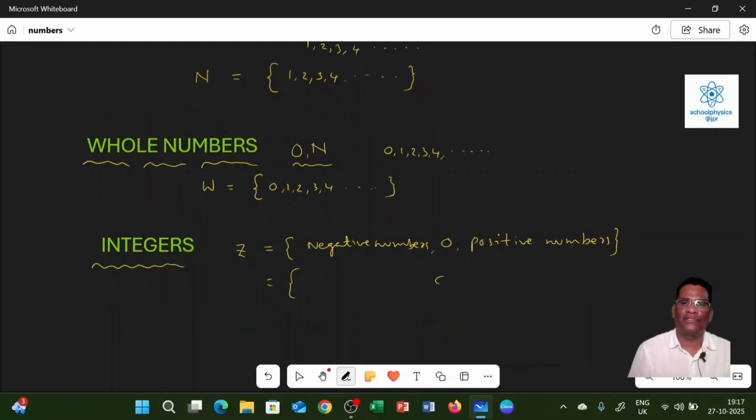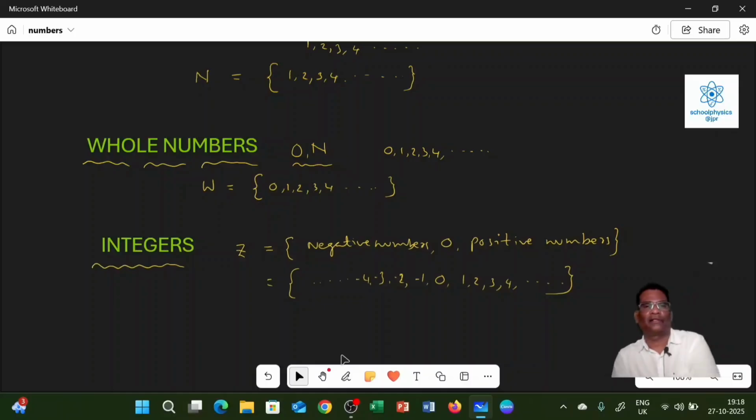You can write it as 0, 1, 2, 3, 4 and so on, and minus 1, minus 2, minus 3, minus 4 and so on. The set of these numbers is called integers. In higher classes, the students shall learn rational numbers, irrational numbers and real numbers.